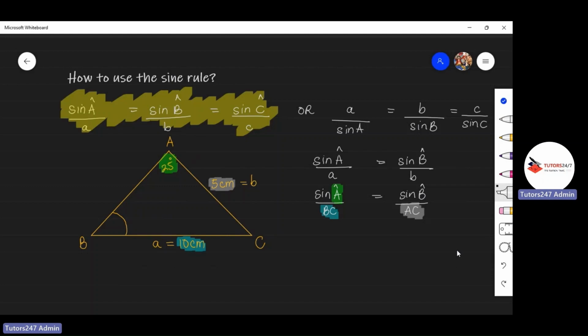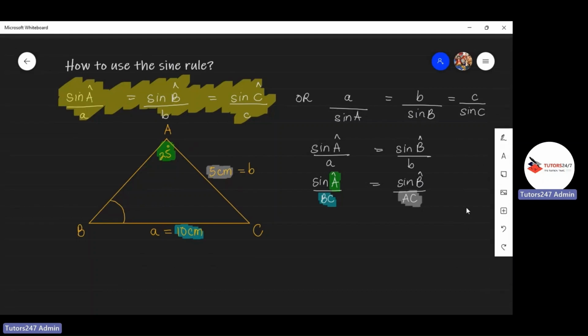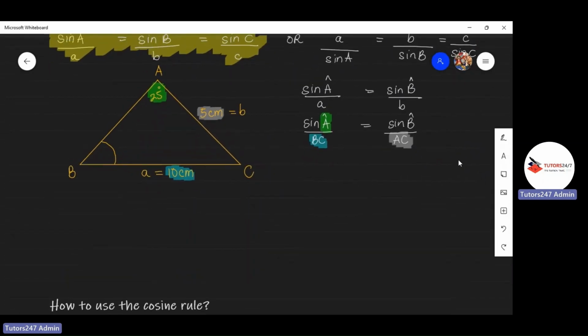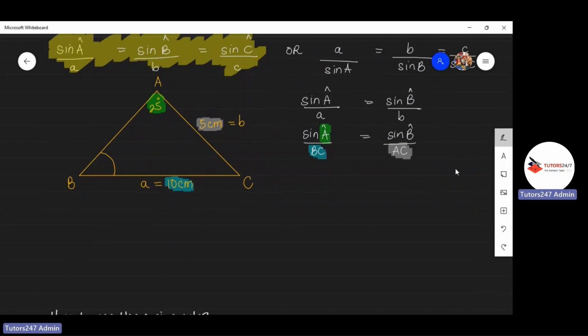So we now have 3 items that we can go and substitute into our formula in order for us to solve for angle B. So we have sine of 25 degrees over 10 centimeters is equal to sine of angle B over 5 centimeters.